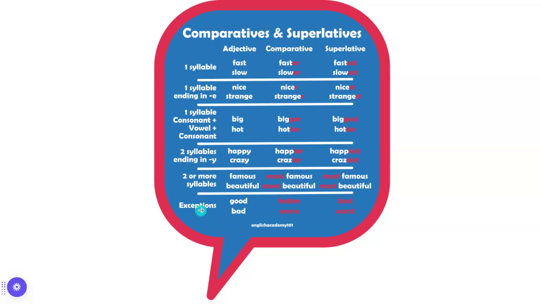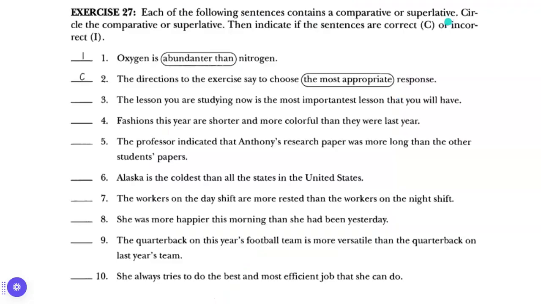And let's remember that we have some exceptions. These are just two, but we have a couple more, like good, better, and best. Bad, worse, and worst. Right?